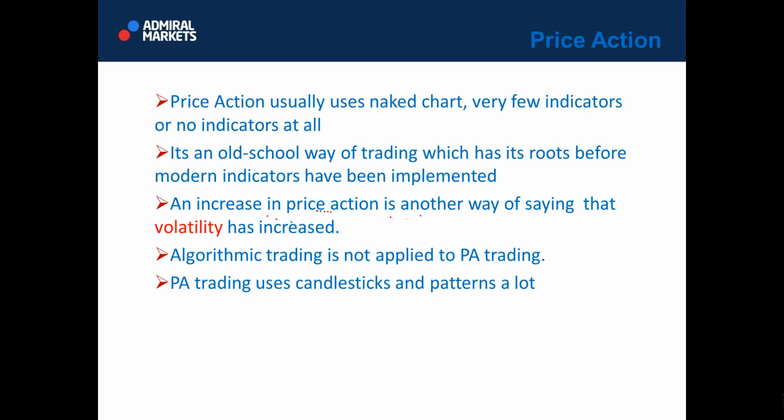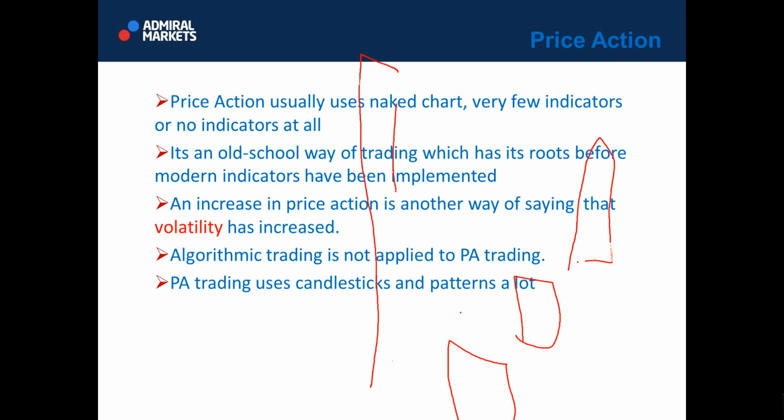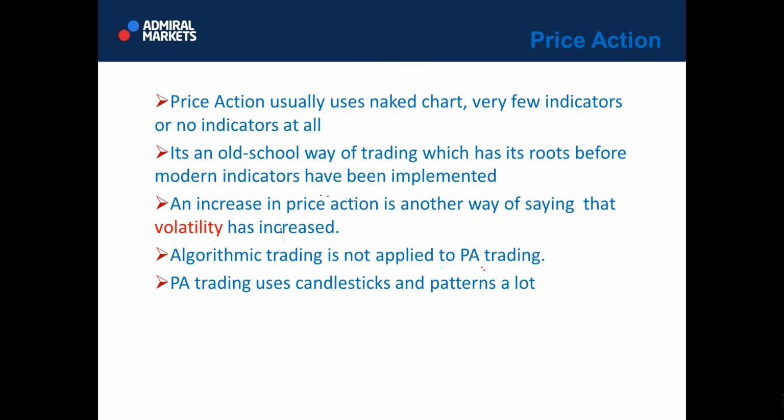An increase in price action is another way of saying that volatility has increased. When you see candlesticks like this, big candlesticks, that is also a signal that volatility has increased. Algorithmic trading is not applied to price action trading. Indicators follow the price, but using indicators is trading a mechanical system.